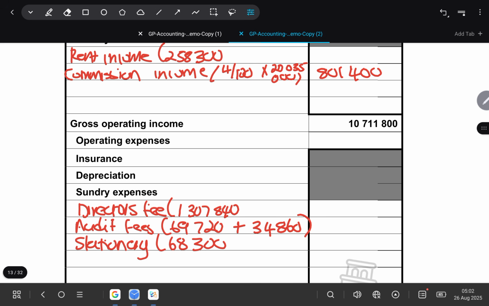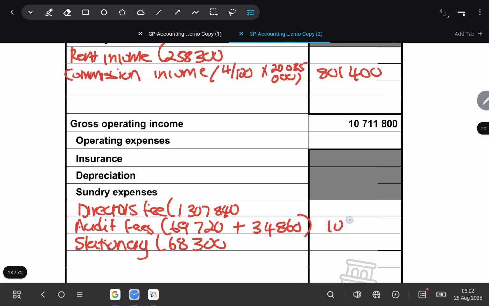34,860. Remember, the Cremora method says what you are given, you take the amount that you are given, you put the numerator as what you want at the top. So we want 1 out of the 2 that we're given. So if we say 69,720 plus 34,860, it's 104,580.